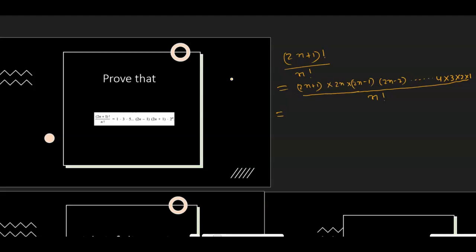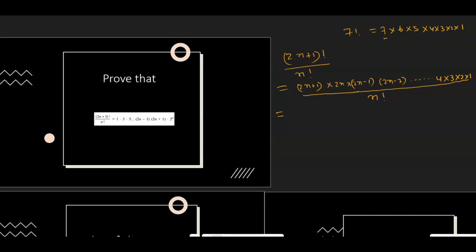Now, how many even terms and how many odd terms are there? If it is factorial 5, that is 5, 3 and 1, so 3 odd and 2 even. If factorial 7, then 4 odd and 3 even. When you write factorial 7, this is 7, 6, 5, 4, 3, 2, 1.